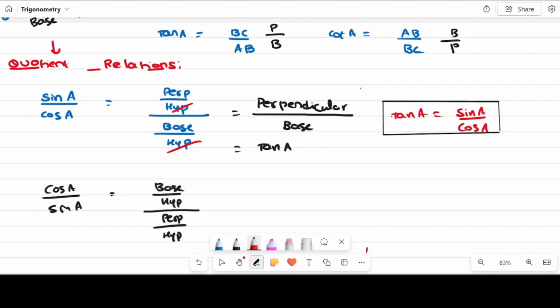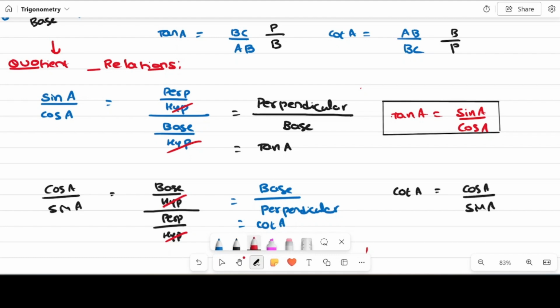So hypotenuse cancels, we have base by perpendicular. Base by perpendicular is nothing but cot A. So we can write cot A is equal to cos A by sin A.